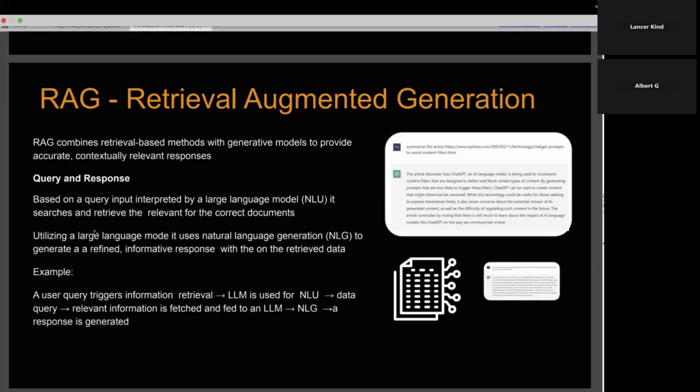We need to have some input. This input has to be interpreted through natural language understanding by the LLM. It will search and try to find relevant information. For example, let me give you one scenario. Suppose you are trying to query about a certain insurance policy or HR policy from organization data or a PDF.